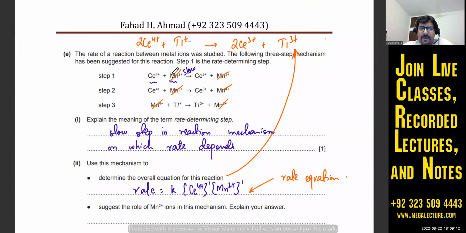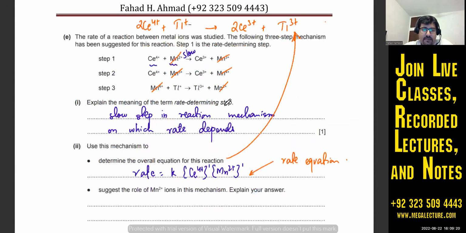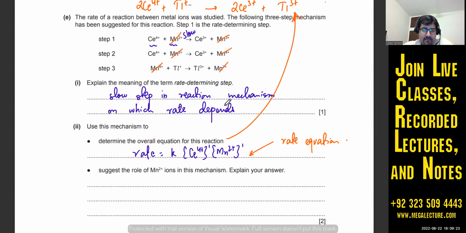So what is the role of Mn2+? What does it do? You added Mn2+, वो end में Mn2+ फिर बन गए थे. कौन सा type का catalyst है? It's a homogeneous catalyst. Homogeneous because the state is the same.